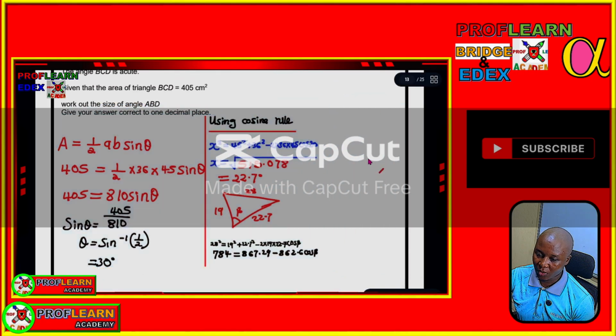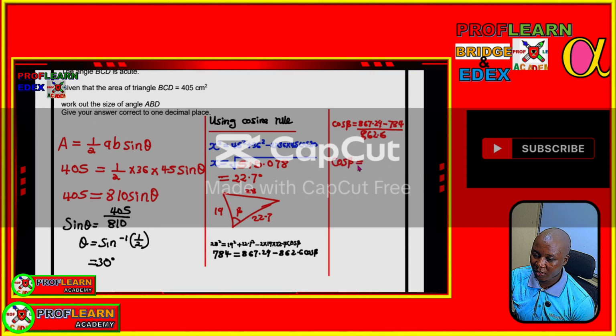Let me move this so that we can have enough space to write our workings. Simplifying whatever we have, we shall have cos beta is this divided by 862.6. Now finding the cos inverse, this is going to reduce to 0.09656.